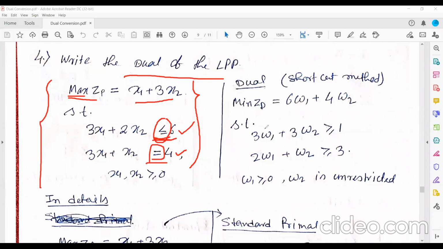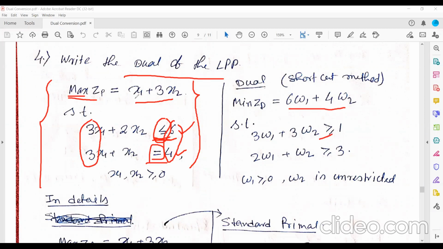And then you write its dual. The dual will be simple: maximum will become minimum, 6W1 plus 4W2, such that 3W1 plus 3W2, and since it is less than or equal to, it will be greater than or equal to.